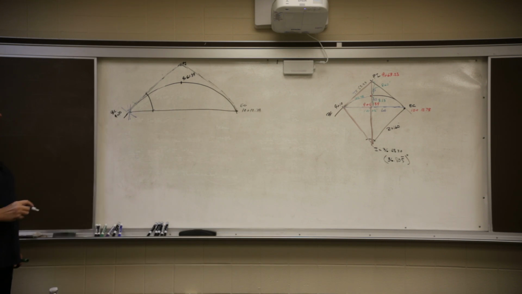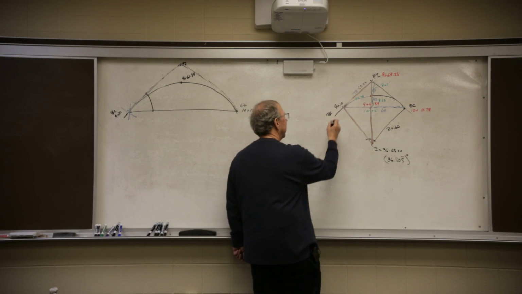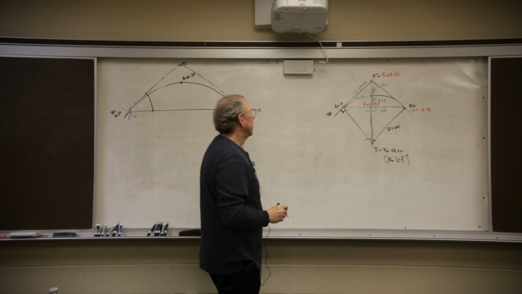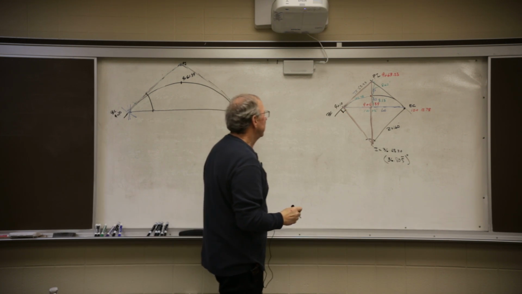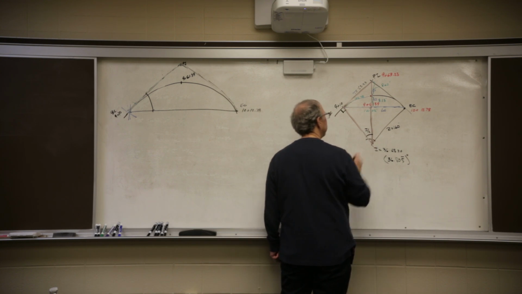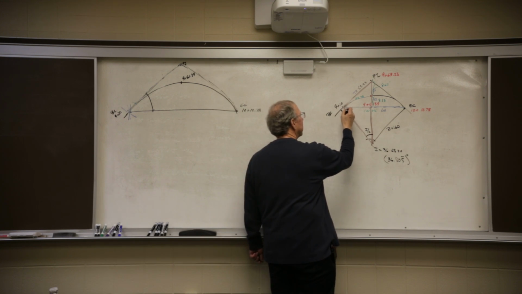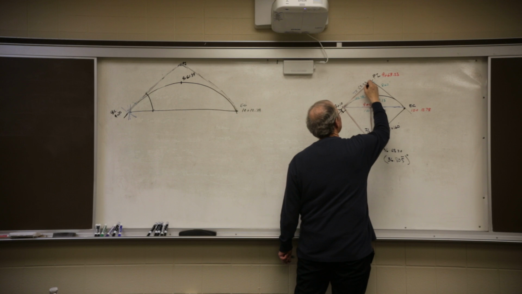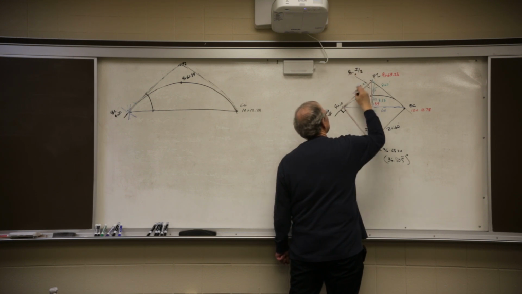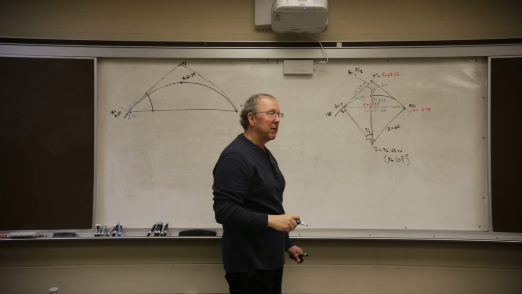Now, if you try to figure that out and look at this picture over here, this is 90 degrees. Okay? If that's 90 degrees and this is I over 2, that means this inside angle is 90 degrees, which makes this angle right here 90 minus I over 2, because this plus this have to add up to 180.